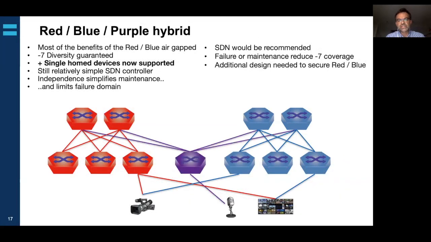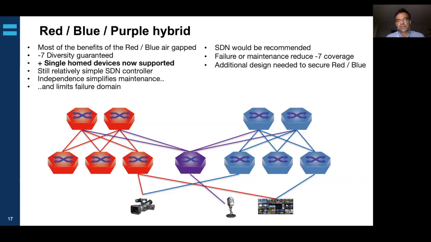We're starting to see some people build a purple hybrid network. So this is a red and a blue network primarily, but to house some single home devices, less expensive devices, some audio devices, microphones, speakers, monitors, some things like that don't have two physical connectors. So they may not even create two physical streams.